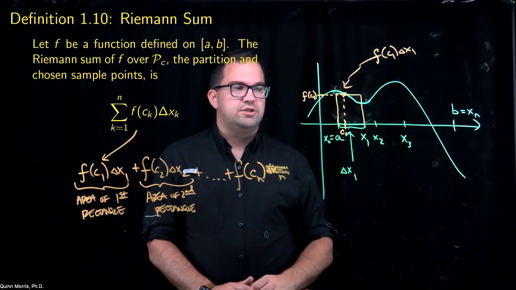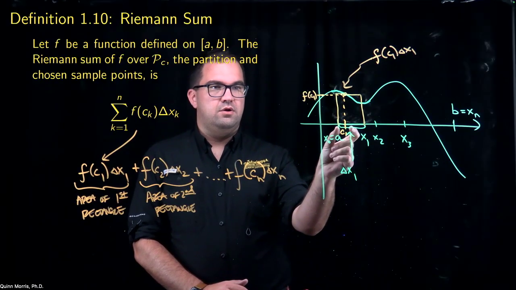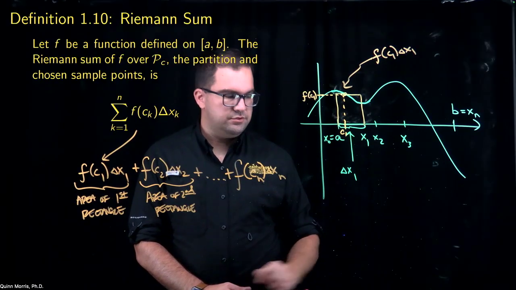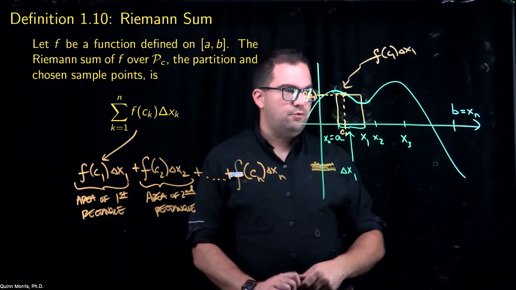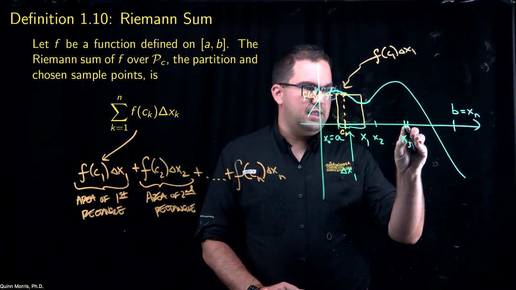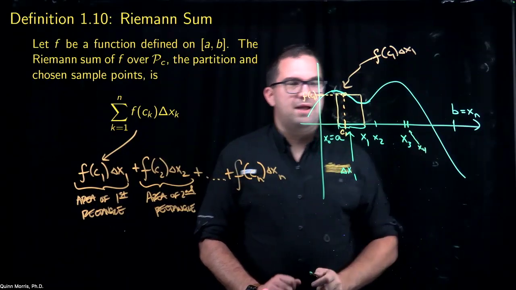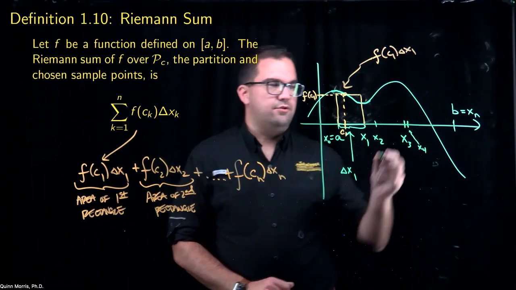So what you actually want to start doing is shrinking down the widths of each of those rectangles. Notice that if I were to come over here and say I chose x3 and let me draw an x4 here, imagine I chose those really close together.